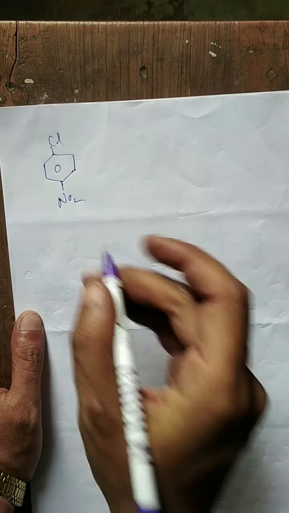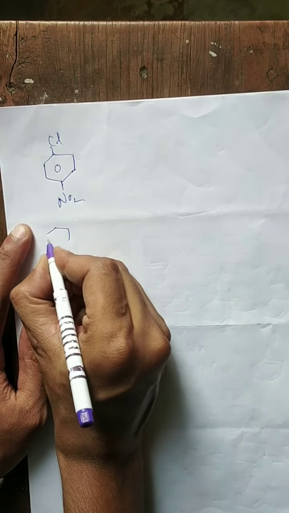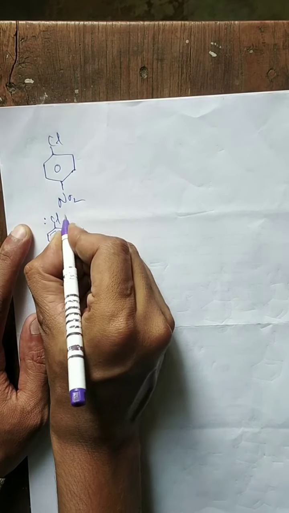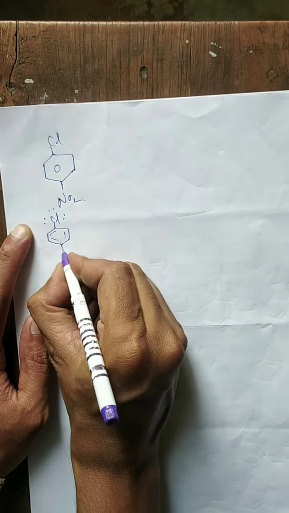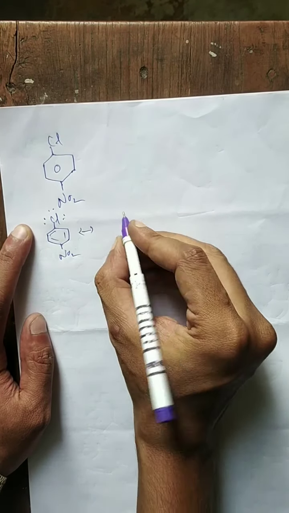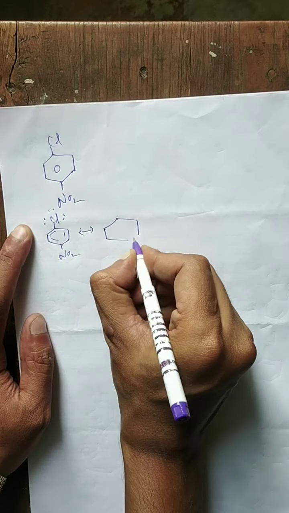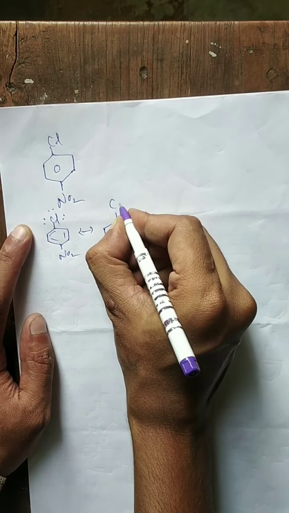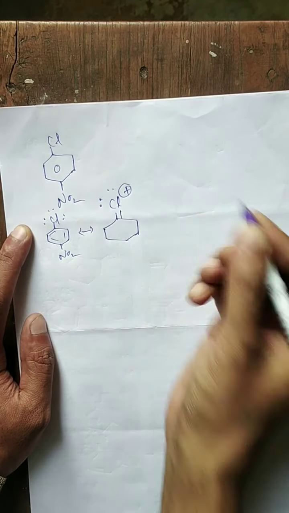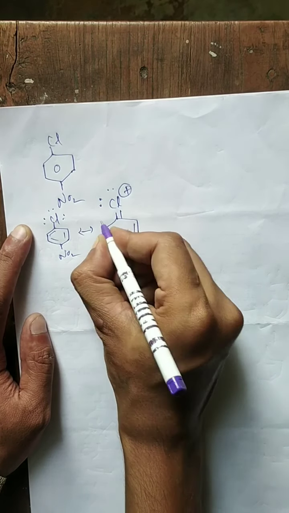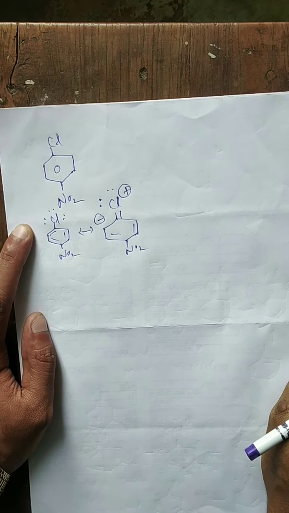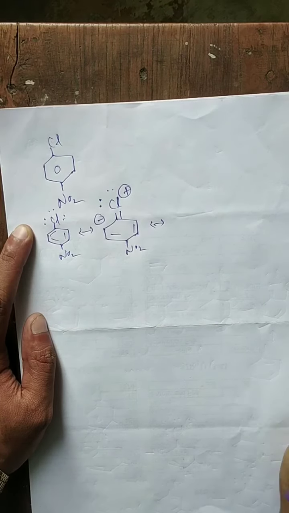Now in the case of that, there are three double bonds, Cl with 6 non-bonding electrons, and the NO2 group. Now what will happen? One of the non-bonding electron pairs participates in resonance, as we discussed earlier.